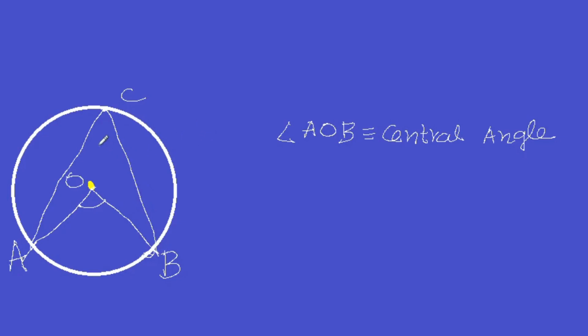Now we get an angle ACB, and it is called the angle at the circumference. Both angles stand on the same chord AB.